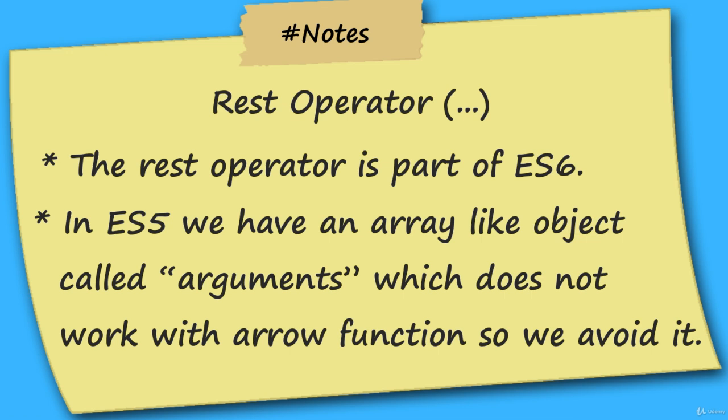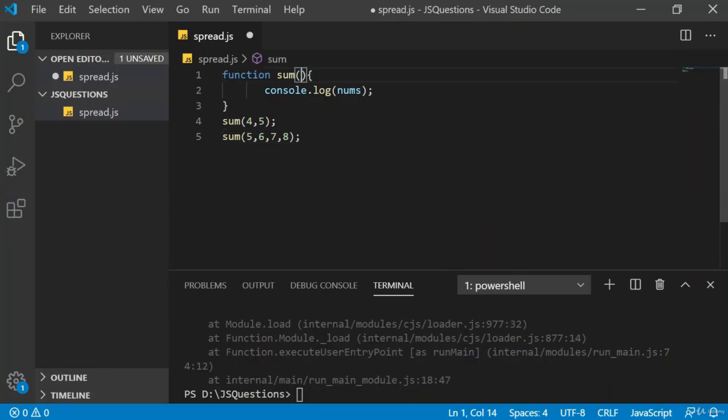Remember, the REST operator is part of ES6. In ES5, we have an array-like object called arguments, which does not work with arrow functions, so we avoid it. But let's just have a look at the arguments object also. Let's say we don't have any parameter here, and here directly I say arguments.